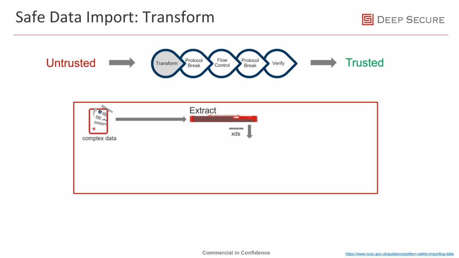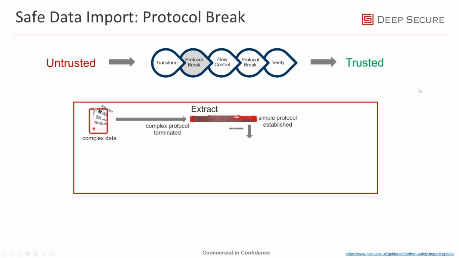As I said before, the extract phase is handling complex software from untrusted locations, and so we have to assume that that part of it could have flaws and could be exploited, and that's why there are the following controls. Systems can be attacked using network and transport and application protocols that are carrying the data. So terminating these protocols at the entrance to the gateway and just carrying the data with simple protocols can stop that sort of attack.